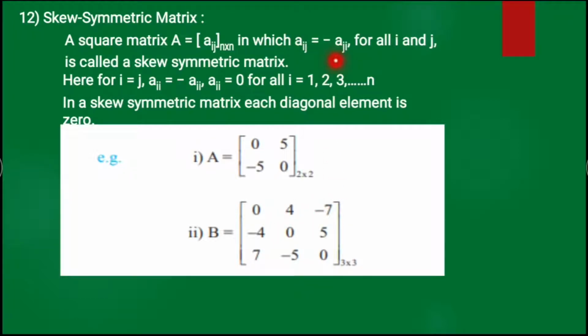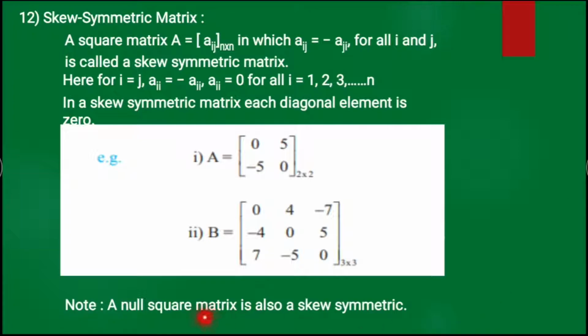So the property aij equals minus aji is satisfied. Similarly, observe the element 5 at position 2 3 and this minus 5 at position 3 2. So these are with opposite sign. So aij equals minus aji, this condition is satisfied. So matrix B is an example of a skew symmetric matrix of order 3 by 3.